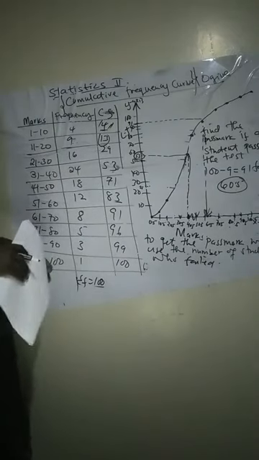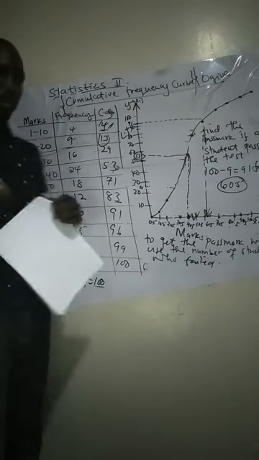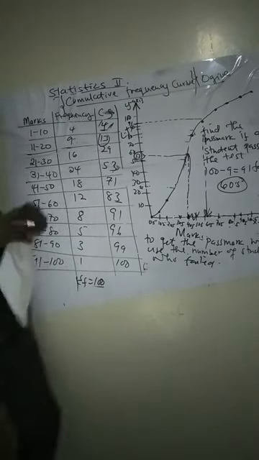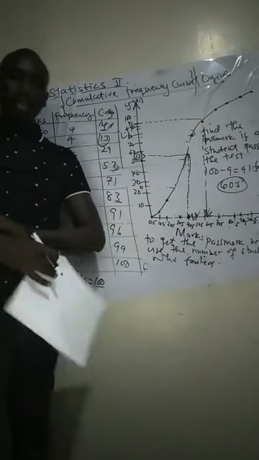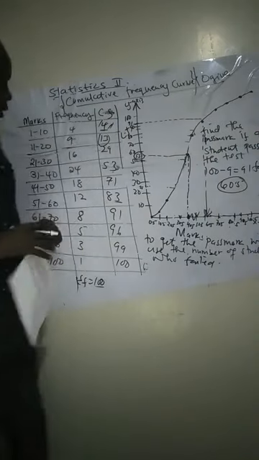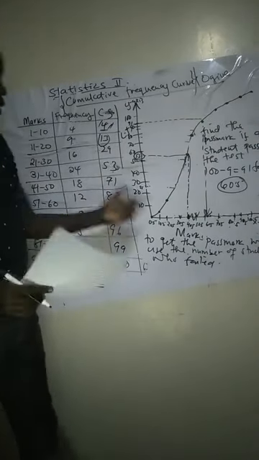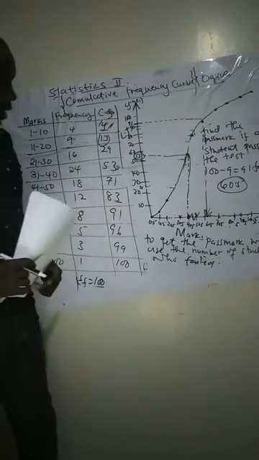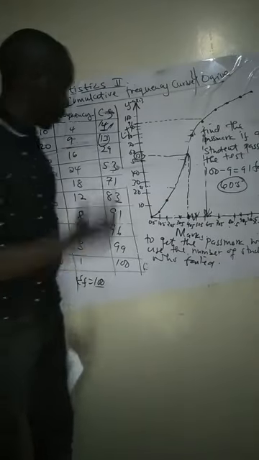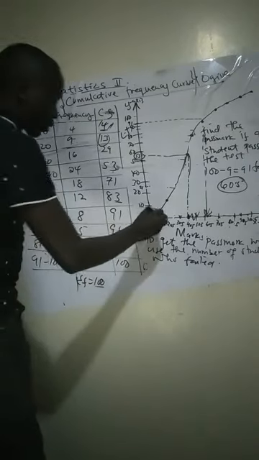You can even get a question on probability. You're told to find the probability that a student picked at random scored between, say, 20.5 and 50.5.